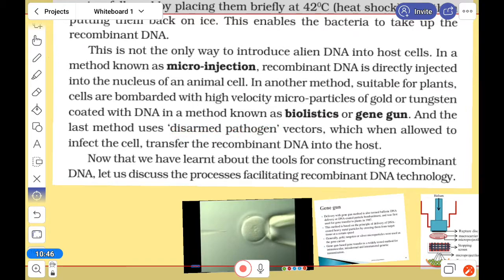What is disarmed? It means deleting the harmful pathogenic genes. I think you can understand this is widely used in making vaccines. Some part of the gene that is virulent or causes disease can be deleted. So this disarmed one we also use, and it is one of the important functions.